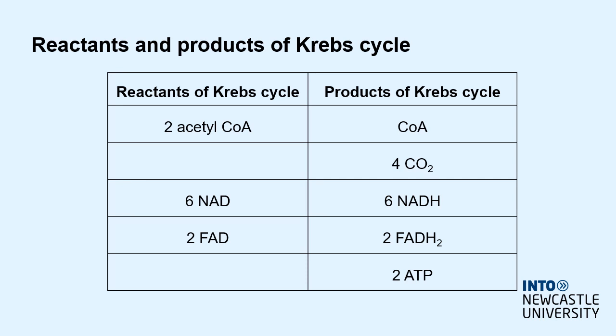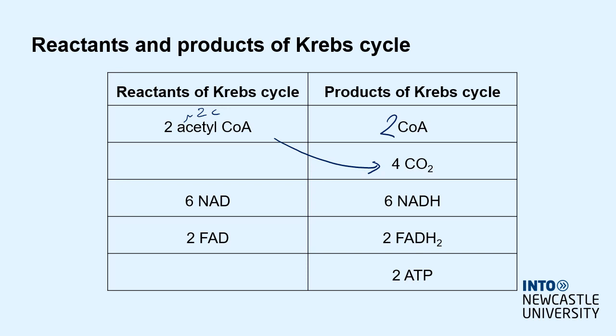So you have 2 carbons in this acetyl group, and at the end of the Krebs cycle, this will be completely broken down to 4 molecules of carbon dioxide, and we will have 2 molecules of coenzyme A that are recycled back to keep the link reaction going.